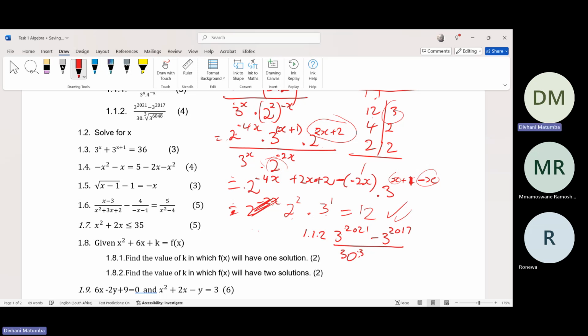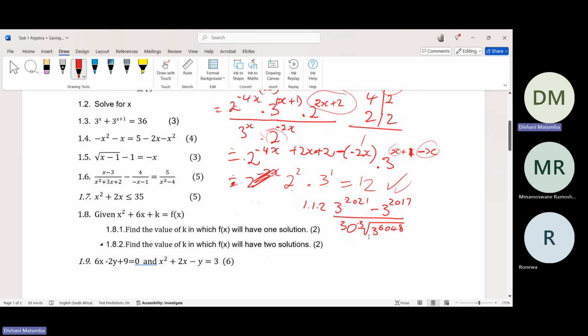The cube root of 3 to the power of 60, 48. Okay, so where do we start?